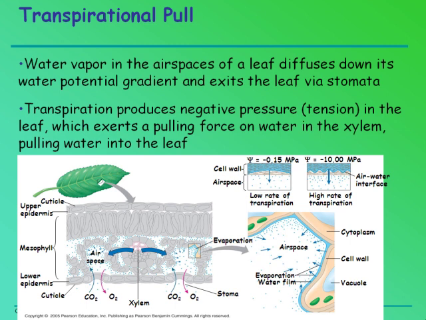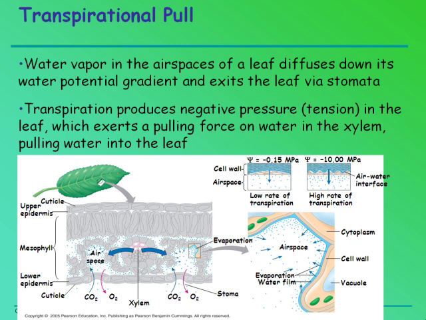And the evaporation of the water film causes the air-water interface to retreat farther into the cell wall and become more curved right through here. This curvature increases the surface tension and the rate of transpiration.